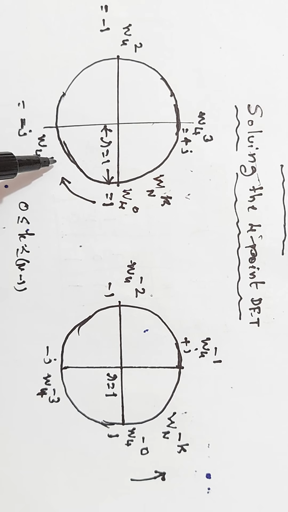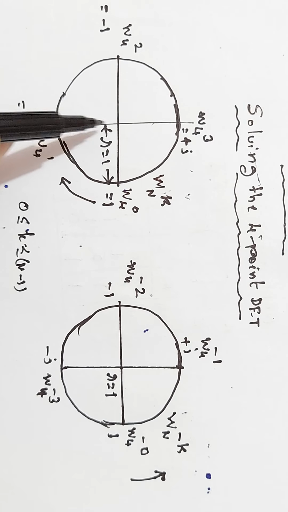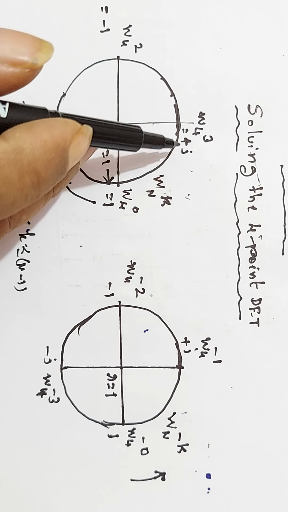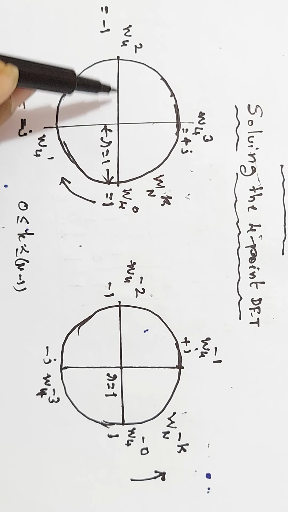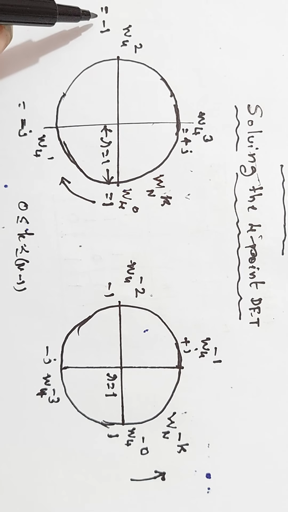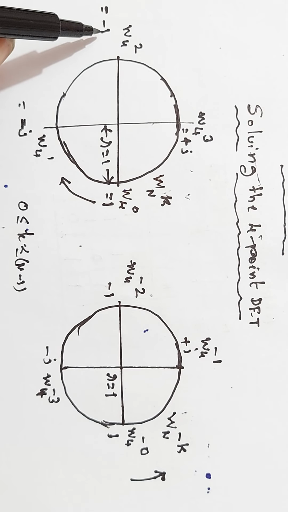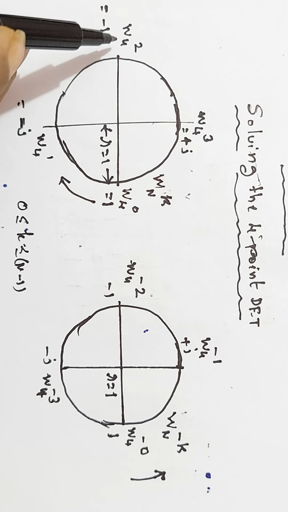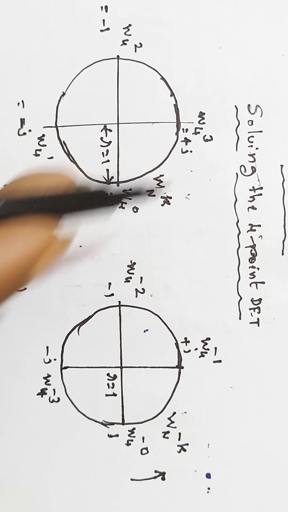Then W_4^1 is minus j, because this is the y-axis, the imaginary axis, which is represented by j. This is the negative imaginary axis, therefore minus j. This is the positive imaginary axis, represented by plus j. This is the negative x-axis, therefore it is equal to minus 1. In this way, you can write the values of W_4^0, W_4^1, W_4^2 and W_4^3.